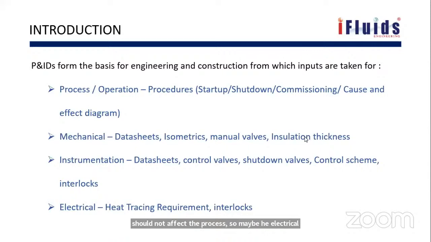In which lines the process needs electrical heat tracing is given in the P&ID. And interlocks: there are times when we need to trip equipment, whether it's a pump or compressor, in case of an emergency. How it is interlocked and how it is connected to the process can be derived from this P&ID.